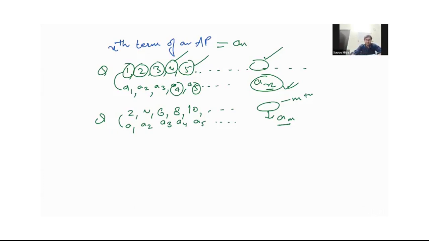Let's see one example. If I have an equals 3n plus 1, see, the nth term is given. That means the nth term is like this: the sequence is going on, and here in between your nth term is 3n plus 1.